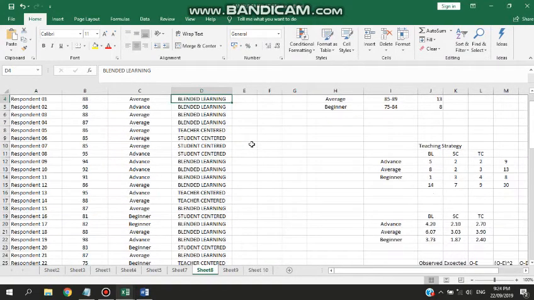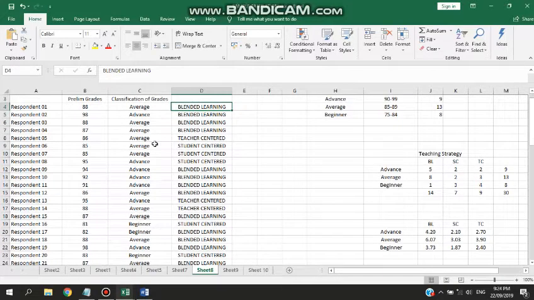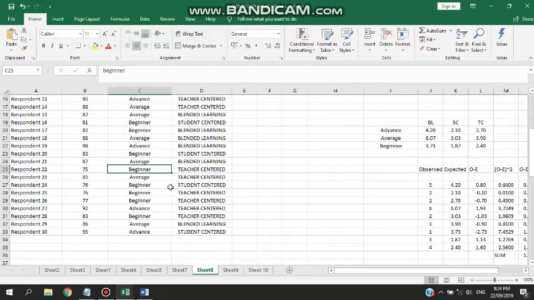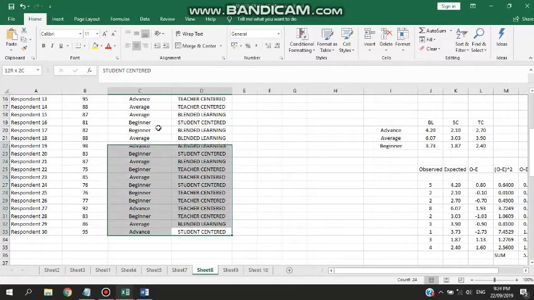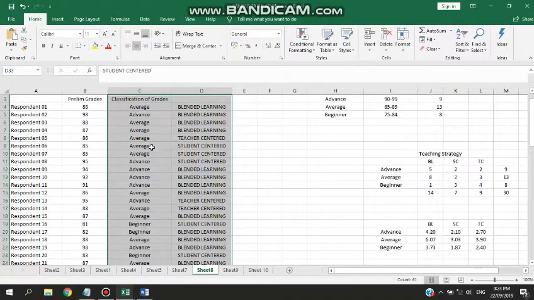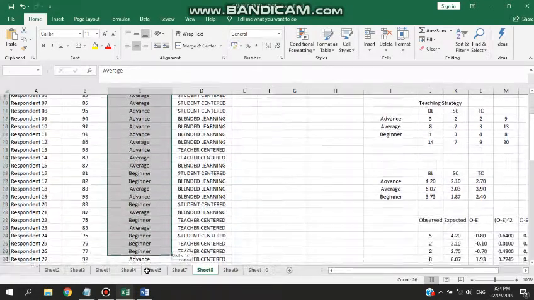Okay. So after all the copy and paste nyo yung classification of grades nila at yung observe teaching strategy nila kay teacher, you have this data. So you can just disregard yung academic performance nila because all you have to do is ano yung classification of grades na ni respondents.